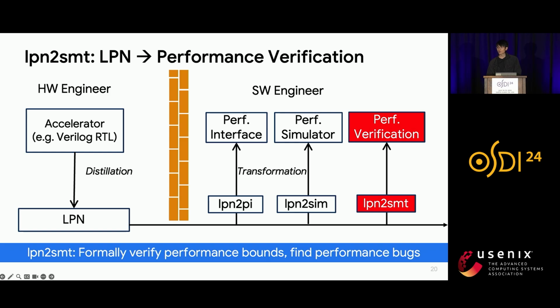We also used LPN2SMT to find a performance bug in the hardware JPEG decoder itself, an underprovisioned buffer, which improved the performance by 37% after just a one-line fix. We can even use LPN2SMT to prove the maximum prediction error introduced by a performance interface compared to the LPN. Please refer to the paper for more details and explanation.